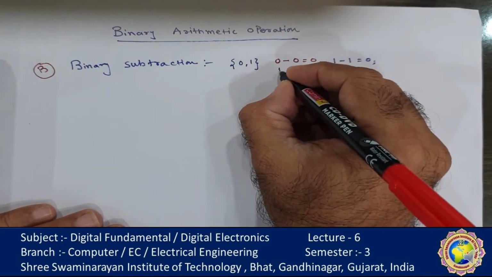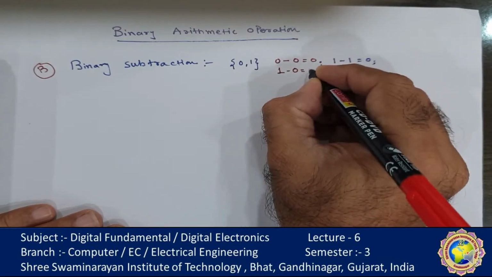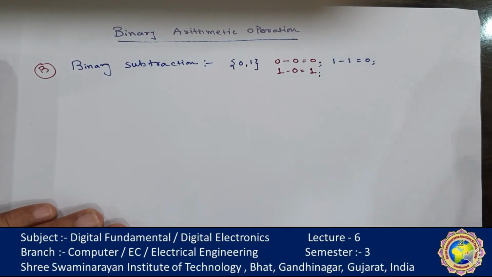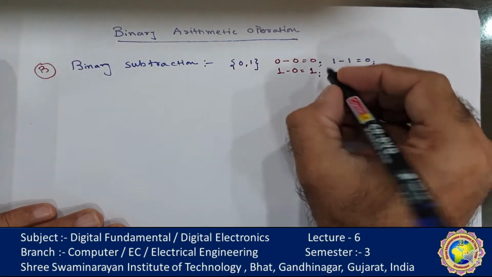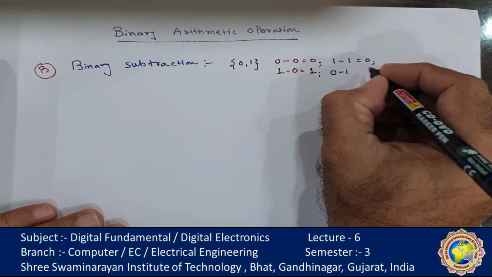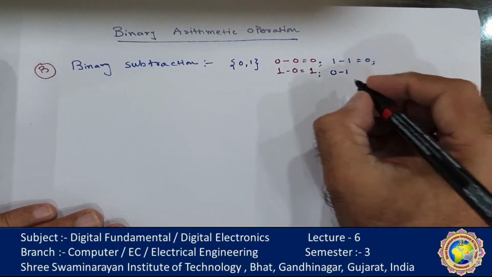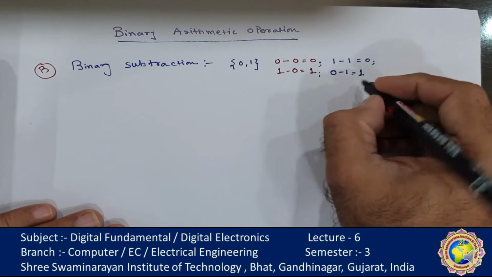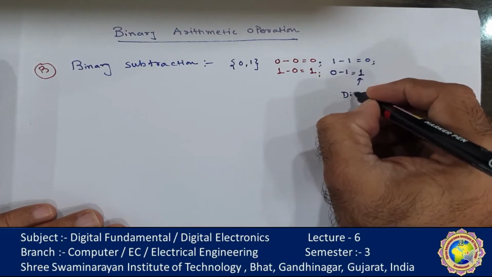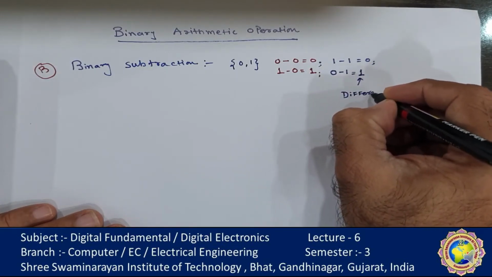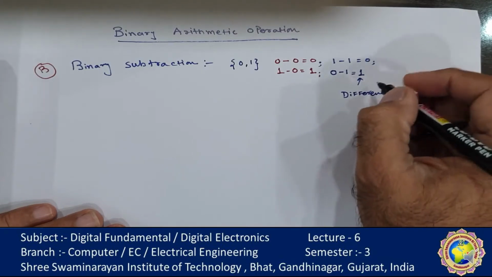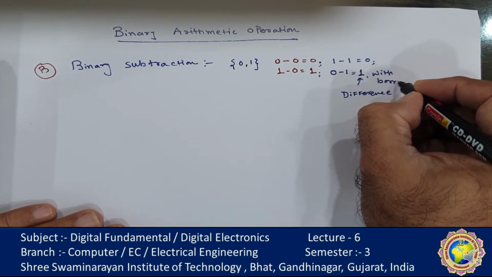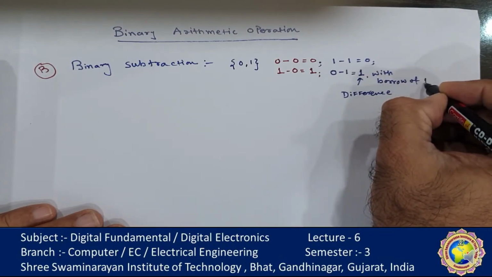Now 1 minus 0, so 1 is larger, so 1 minus 0 is 1. Now the thing we have to remember is this one, 0 minus 1. The difference between these two bits is 1 with a borrow of 1.